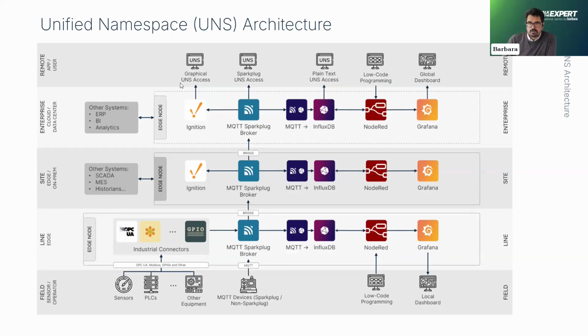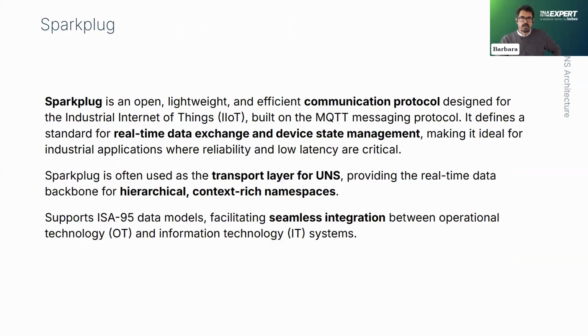Before continuing, because we are going to implement a simplified version of the general diagram, okay, I would like to speak a little bit about what Sparkplug is. At the end, Sparkplug is just a communication protocol that is built over the MQTT messaging protocol. And this standard helps to have real-time data exchange and device state management.